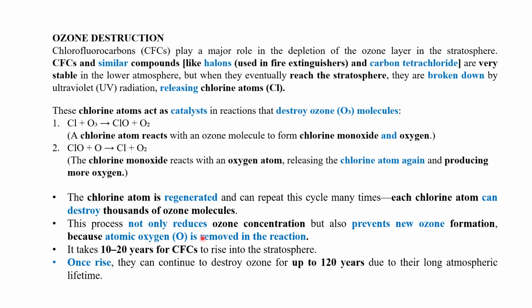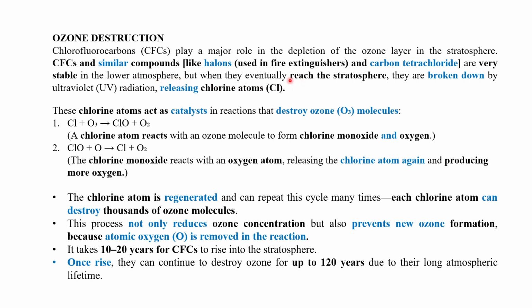Next we can see ozone destruction. Which gases are responsible for the destruction or depletion of the ozone layer? We can see here chlorofluorocarbons play a major role in depletion of the ozone layer in the stratosphere. CFCs, chlorofluorocarbons, and similar compounds, the halogens, which are used in fire extinguishers, and carbon tetrachloride, are very stable in the lower atmosphere.